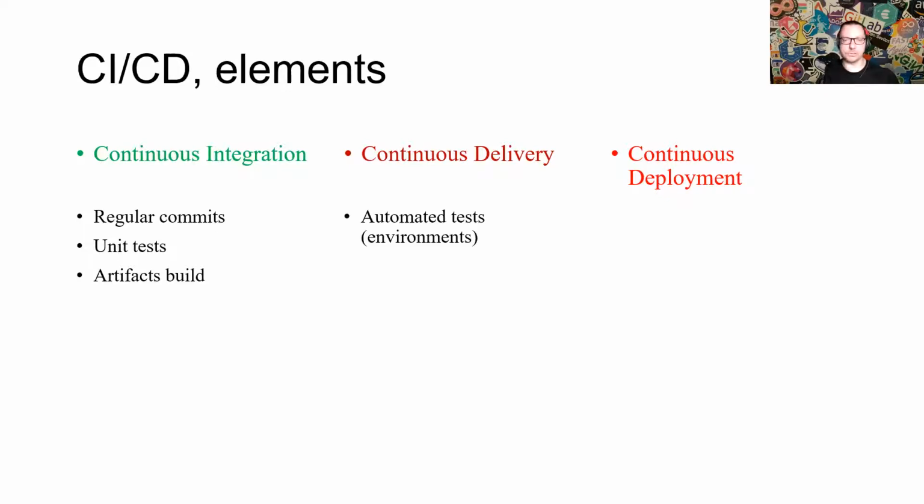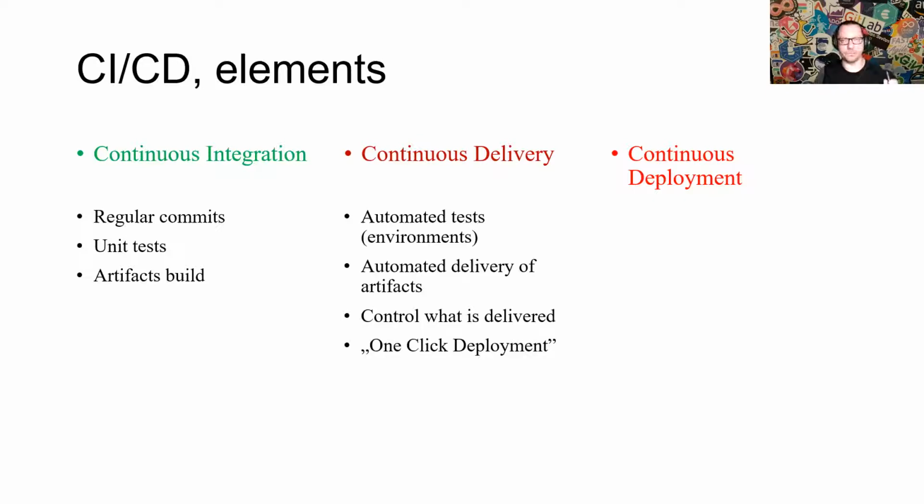So this is, for example, automated tests on some specific environments. It's automated delivery of artifacts. It's control of what is delivered. And I'm calling this one-click deployment because there is a moment when your automatic pipeline stops and waits for manual intervention.